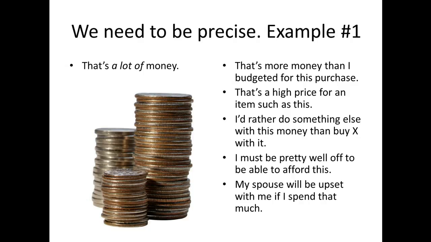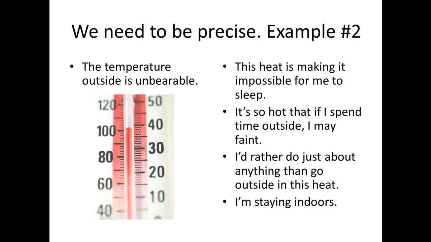That's the first example. Here's another, also from our theoretical lecture. Remember we said the temperature outside is unbearable. Now that's not a literal sentence. It's bearable. But we say it's unbearable to convey an emotion. Which emotion? Well, we could mean, "This heat is making it impossible for me to sleep."